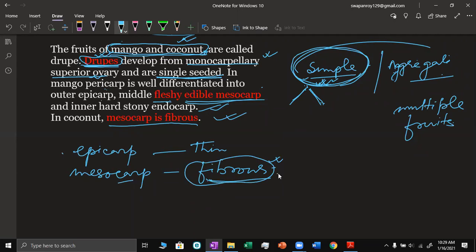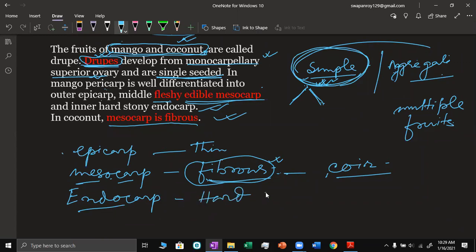That is not edible. And this fibrous portion, mesocarp, is the source of coir. Next is the endocarp. Endocarp is the hard stony shell, that is the shell of the coconut. That one is endocarp. That is also not edible.